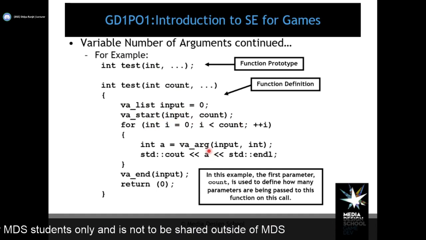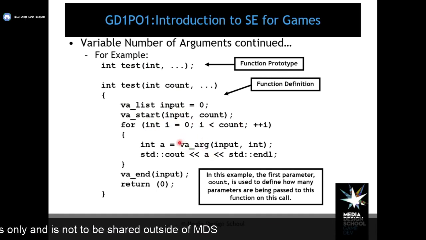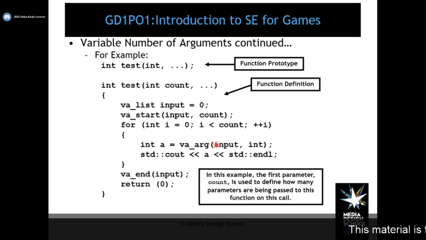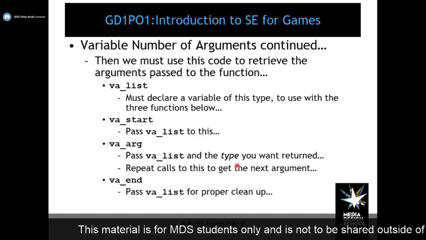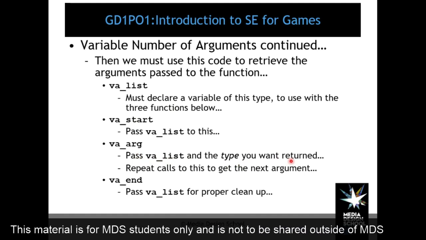And now using the va_arg function, I will be able to get all the values inside the input into any variable that I like. So va_arg basically converts all the data inside the list to the type that you want. If you go back to the description over here, va_arg takes the va_list and the type that you want returned.